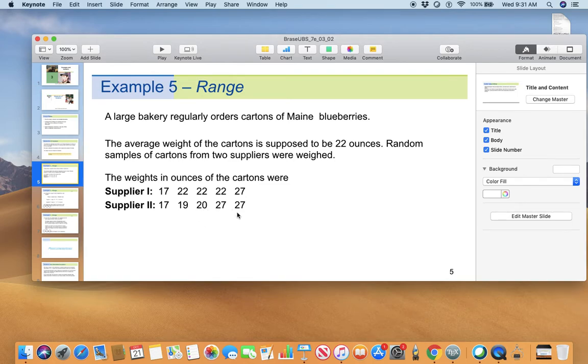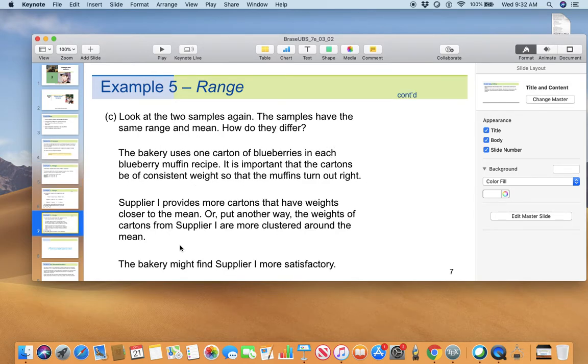In fact, there is nothing that's 22 ounces. So for supplier 1, most of the data is clustered close enough to 22. Whereas for supplier 2, while the range is the same, the data is more spread out. Supplier 2 has greater variation than supplier 1. So you will go with supplier 1 because that's what you want: less variation from the actual value you need. The bakery might find supplier 1 more satisfactory.